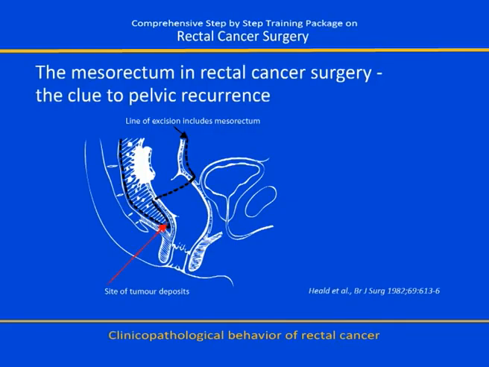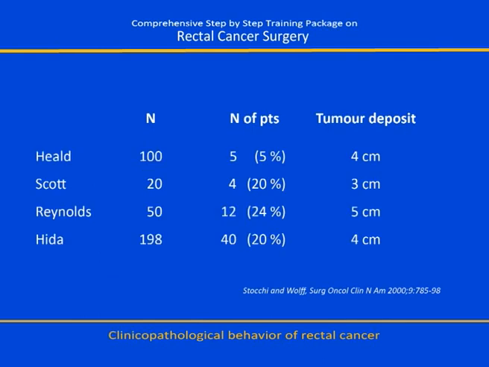That paper with that concept diagram included the first of these data: a deposit 4 centimetres beyond the lower edge of the cancer, and others also shown, reported at different times, various randomly distributed deposits within the mesorectal fat beyond the cancer.